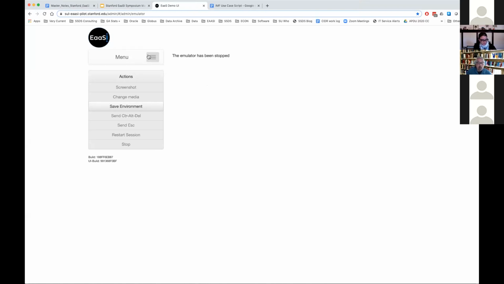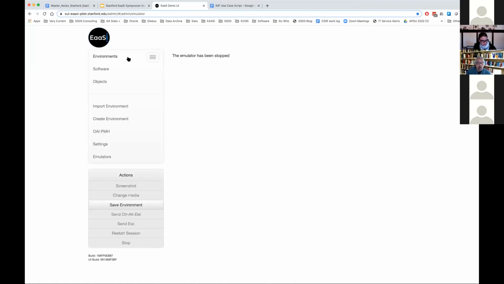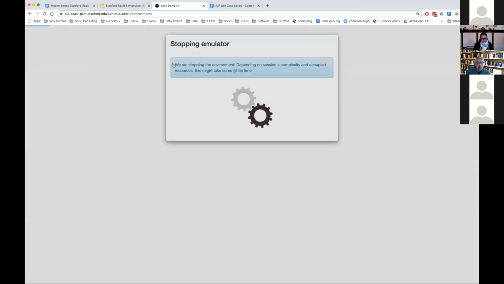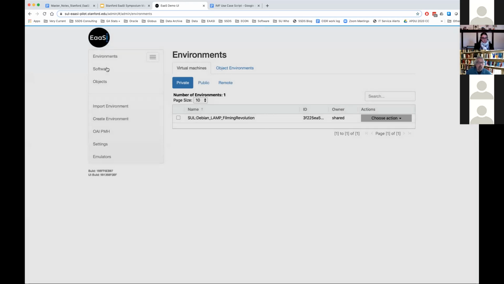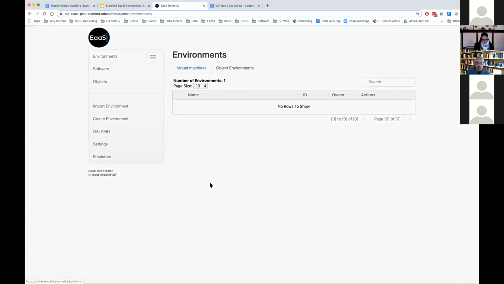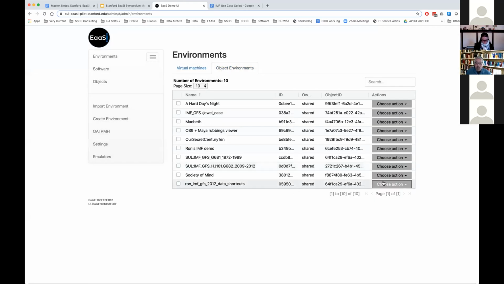So what I'm going to do is start up the environment. You can see here, I've clicked on the environment screen and clicked on the objects. I'm going to select this object and run it.